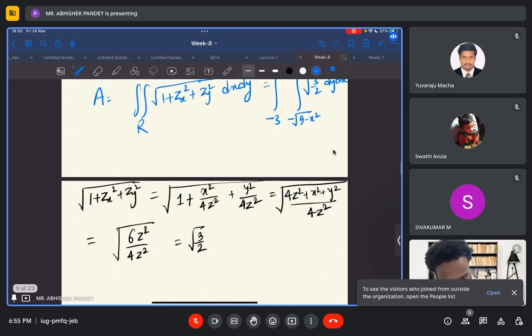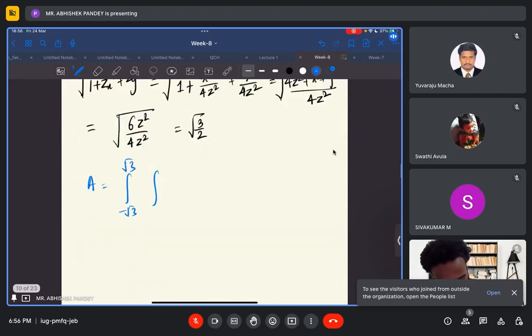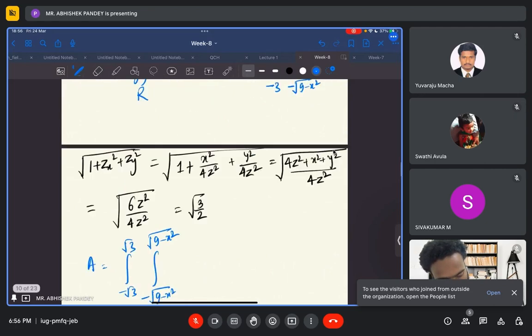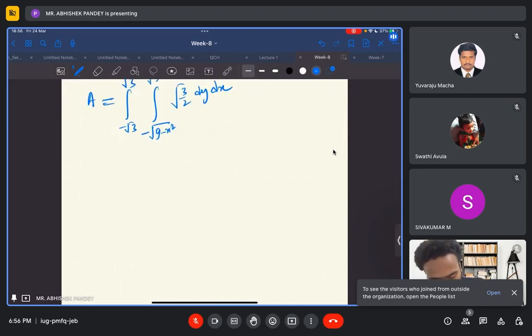Okay, so the thing is, the area is from minus root 3 to root 3, and this one is root of 9 minus x square, and this is root 3 by 2 dy dx. Okay, so this is nothing but from minus root 3 to root 3.